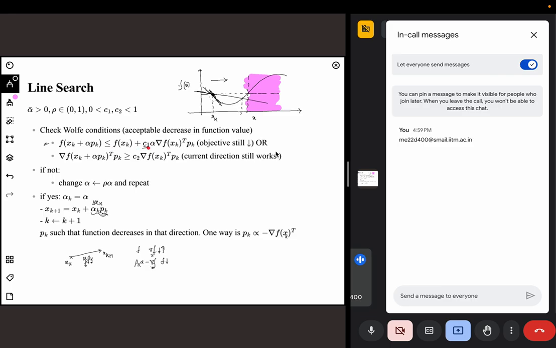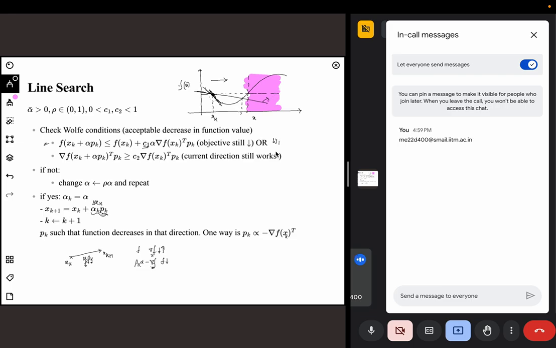So by some quantity, C1 times this thing. If you remember, pk is proportional to minus del fk, so when you do the scalar product of both, it will be some negative quantity. So it will be less than f of xk. Instead of saying it has to be exactly equal to this, we will say it has to be less than a certain quantity. So this is what the first condition says.